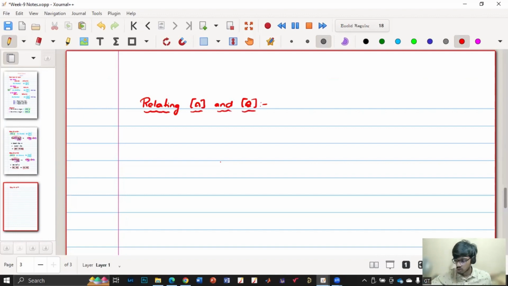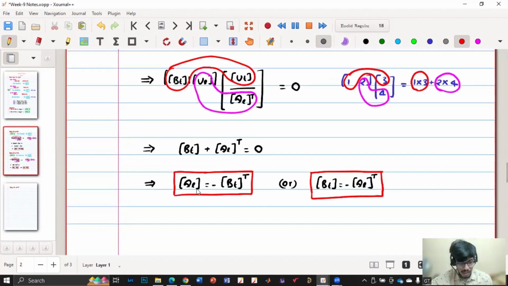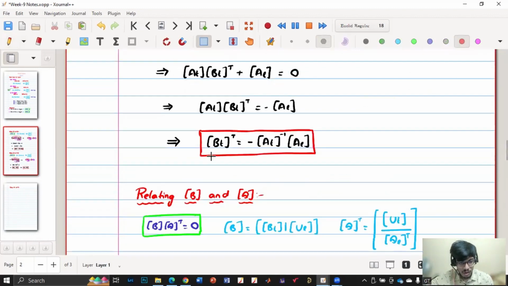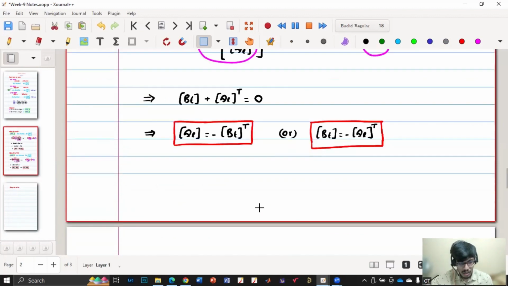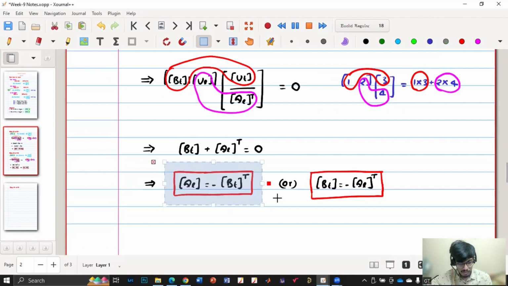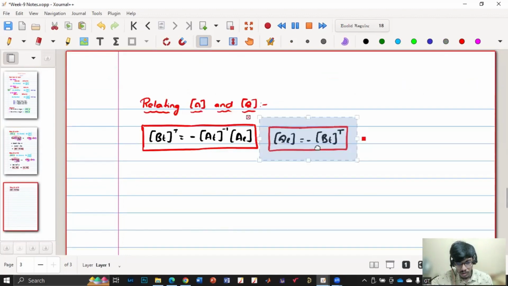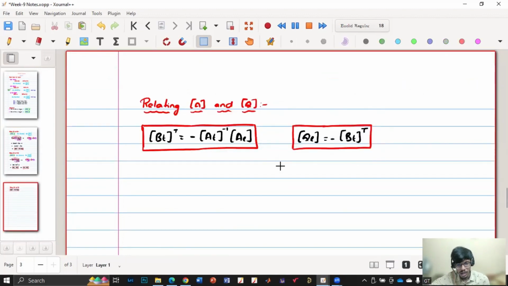So we'll take the two results. One result is whatever we have obtained in the first case, copy paste. So this is our first result and this is our second result. Okay. So now I know that BT transpose is nothing but minus QL.